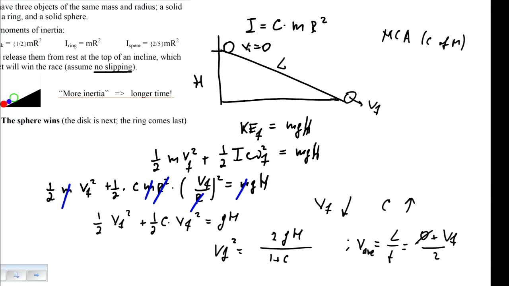So we can solve it for time: 2L over V final. So if speed goes down, time goes up. If this goes up, this goes down. If this goes down, this goes up. More time. It takes more time. More inertia, more time.